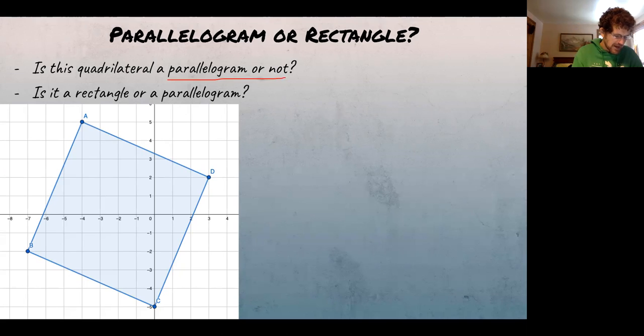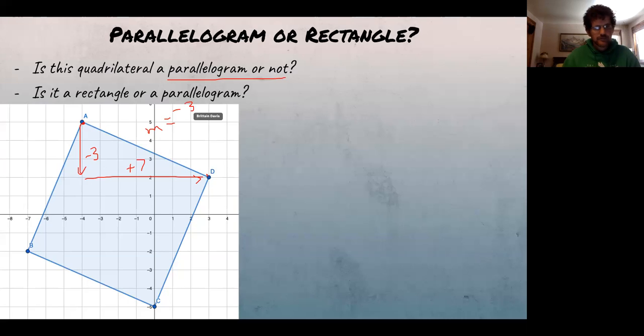So going from A to D, my slope is down 3 and right 7. You can count that up, but you can see that's my slope. So my slope for this one is -3 over 7.